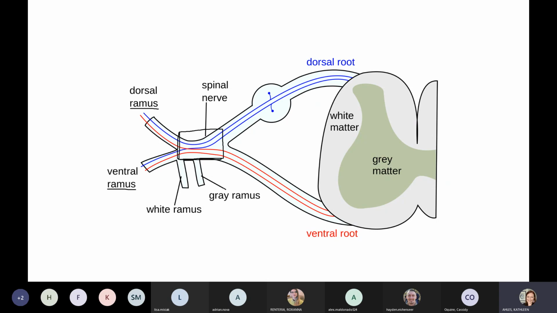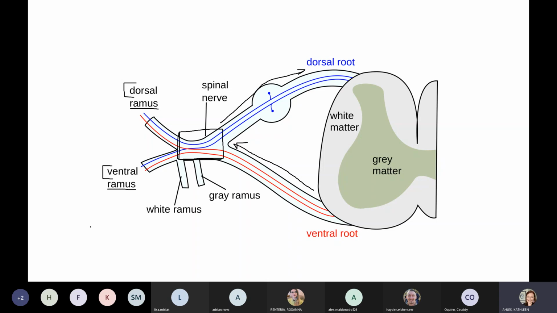That spinal nerve is made out of a dorsal root that's sending sensory information into the spinal cord and a ventral root that's bringing motor information out. I mix those together to make a spinal nerve, but then some of that information goes toward the back side of the body and some of that information goes toward the front side of the body.